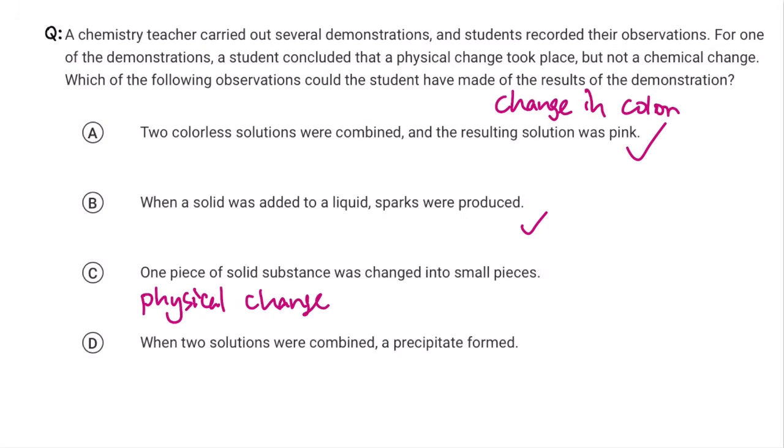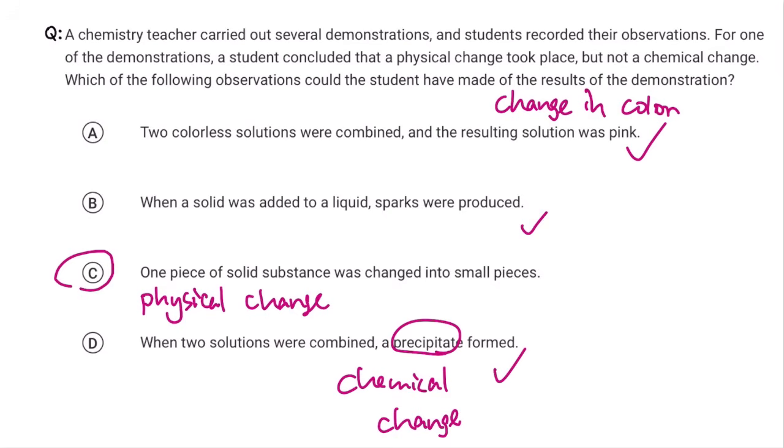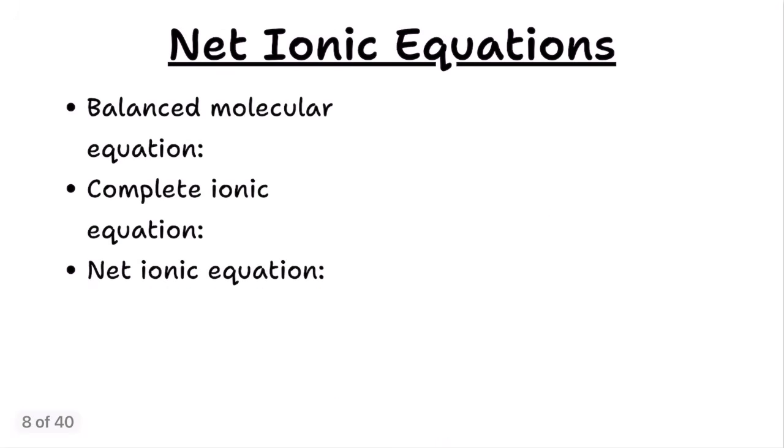D, when 2 solutions were combined, a precipitate formed. Okay, this is also typical evidence that shows a chemical change. Then C is the right answer. C is the only evidence that shows that this is a physical change.